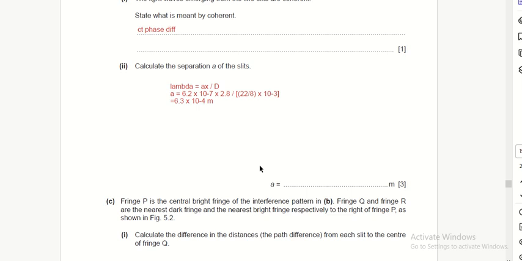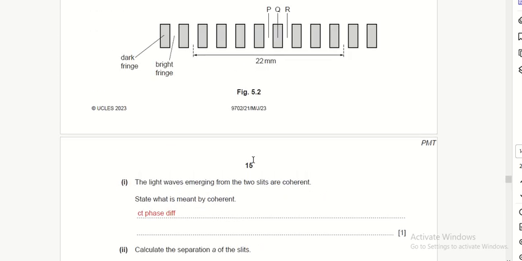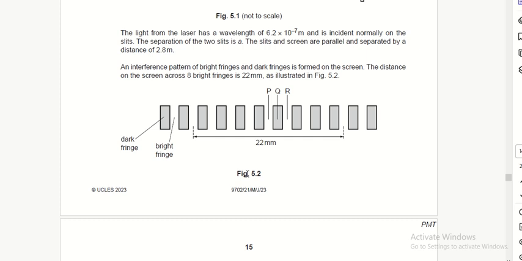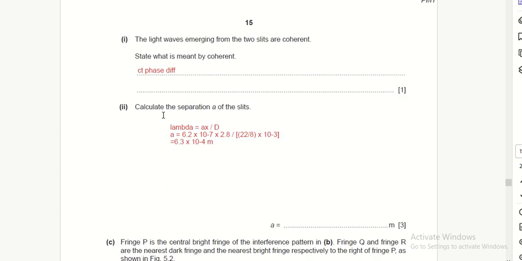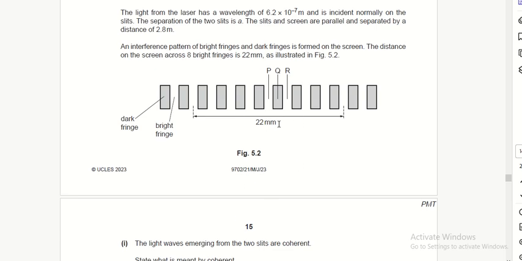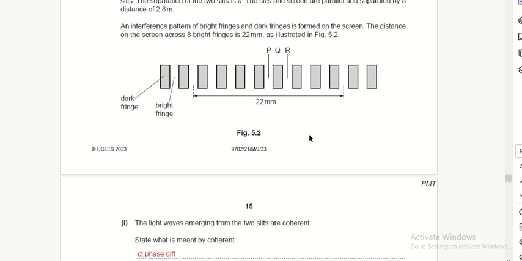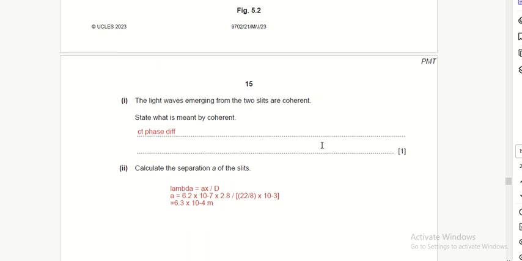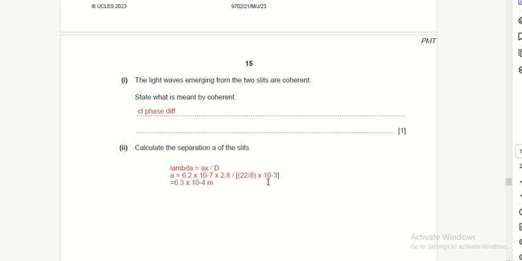Lambda is 6 times 10 to the minus 7, D, which is the distance to the screen, was given as 2.8, and x is the distance here, 22 over 8, because it should be the distance between the center of one fringe and the next spot, and certainly multiplied by 10 to the power minus 3 as we go from millimeter to meter.